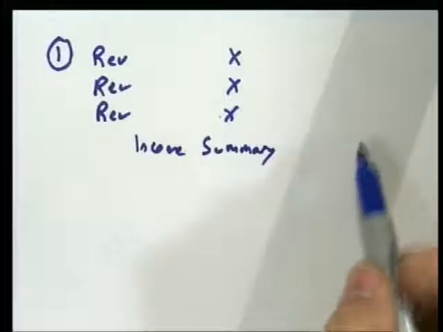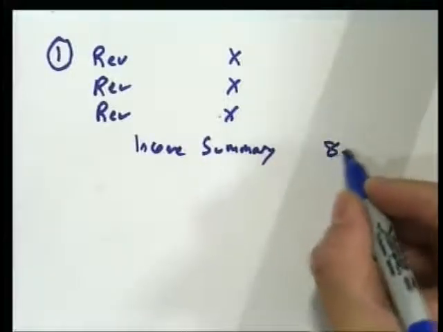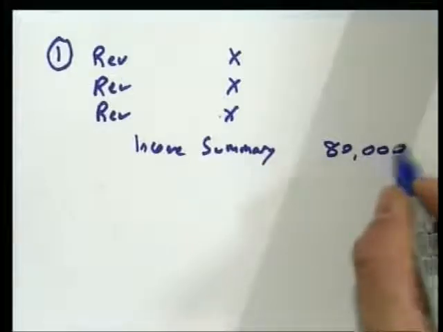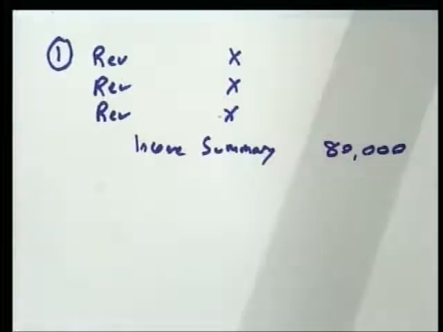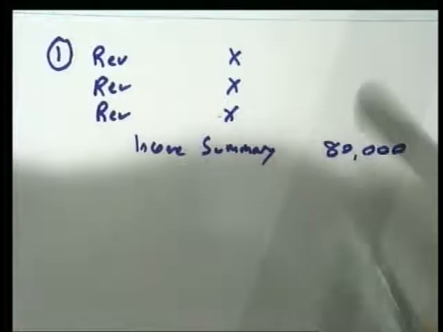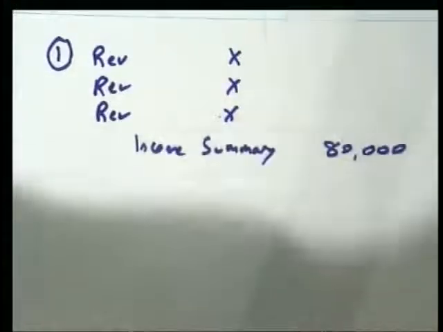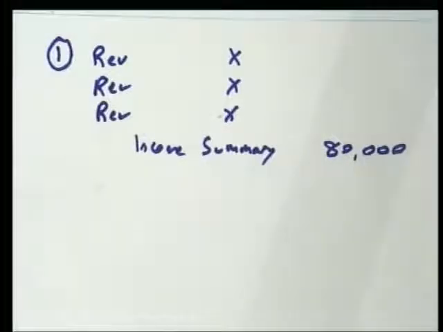So let's say the total of all your revenue accounts is $80,000. Okay? Now take a look at that entry. Couple things. You have to list out every one of your revenue accounts. You cannot just say total revenue. Otherwise, your revenue accounts really are not closed out, are they?